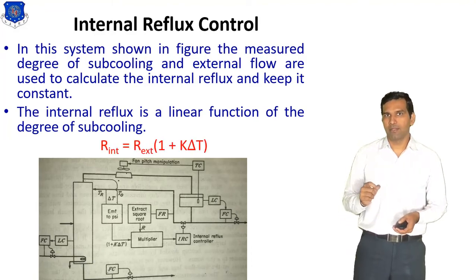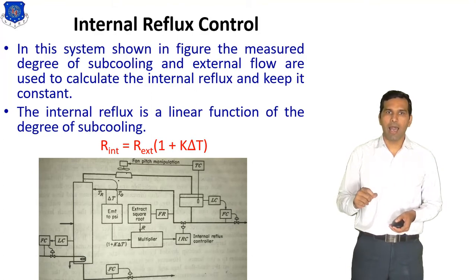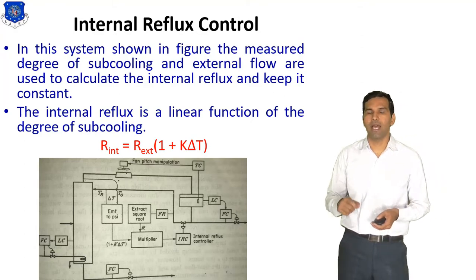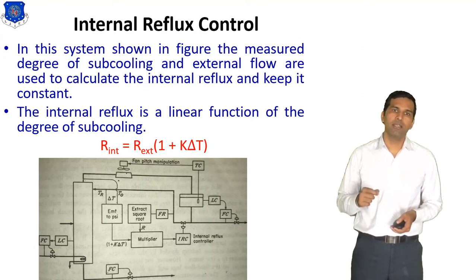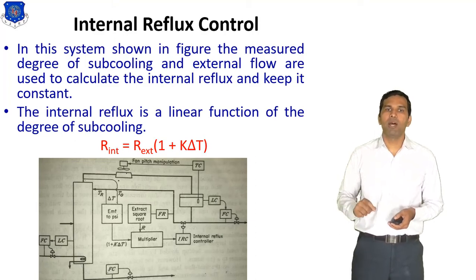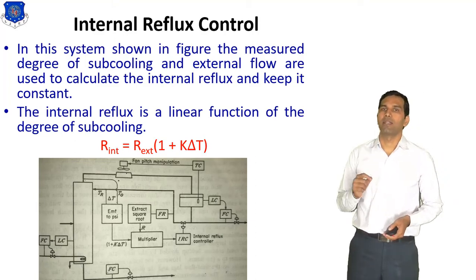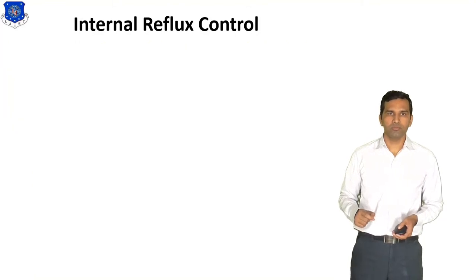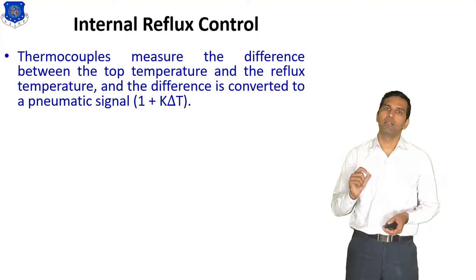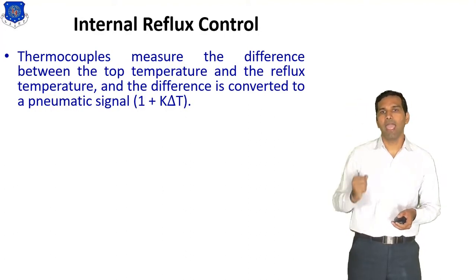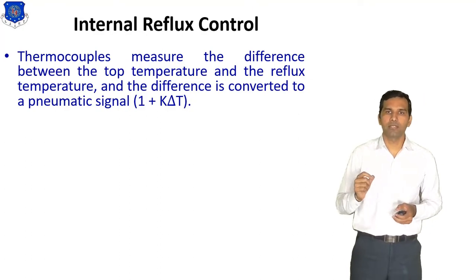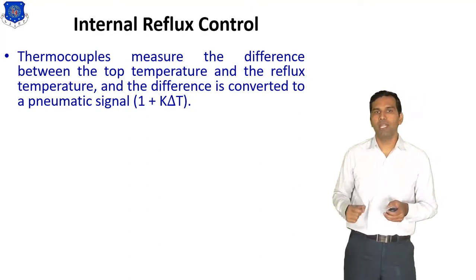We can write the relation between R internal, that means internal reflux, and external reflux as R internal equals R external into bracket 1 plus K into delta T. Thermocouples measure the difference between the top temperature and the reflux temperature, and the difference is converted to a pneumatic signal.